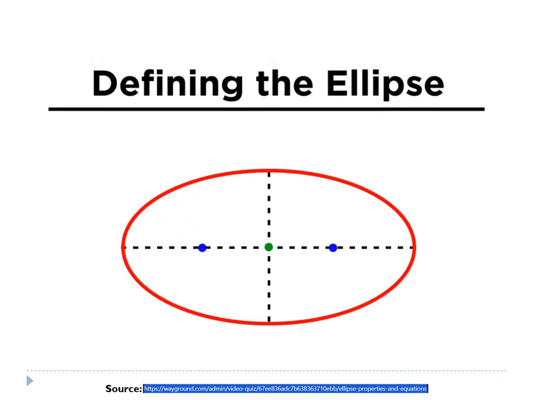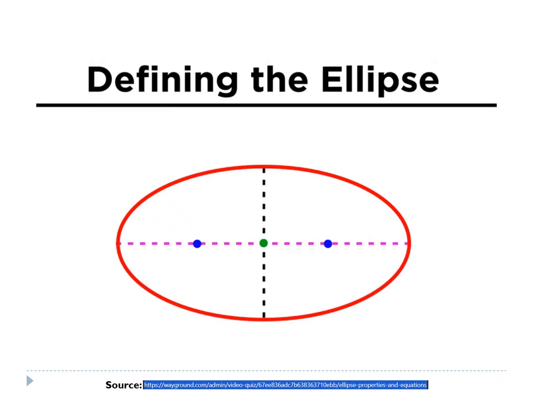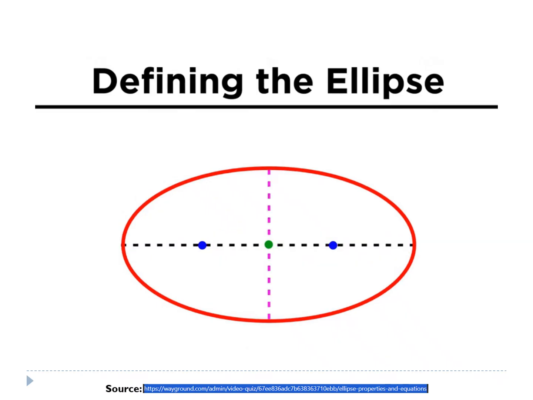We have the major axis, this line in this orientation, and the other line is what we call the minor axis.